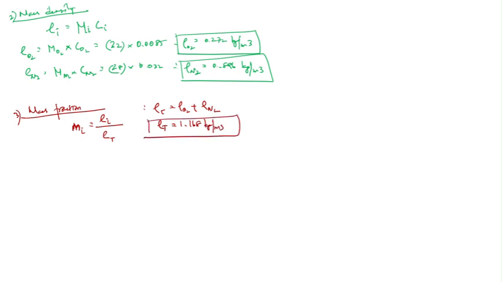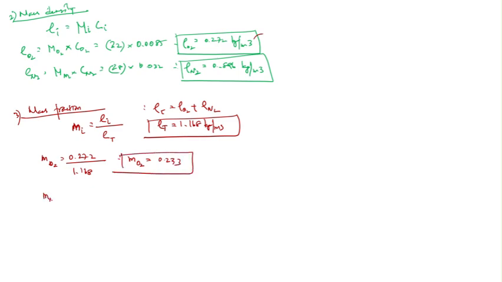For that, m of O2 is equal to rho of O2, which you know is 0.272, divided by 1.168. So we are getting mass fraction of oxygen equal to 0.233.